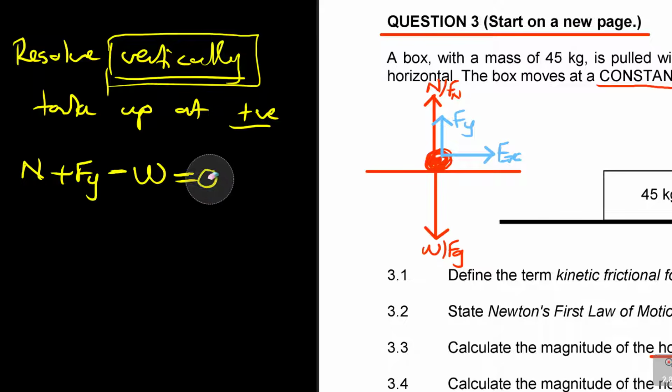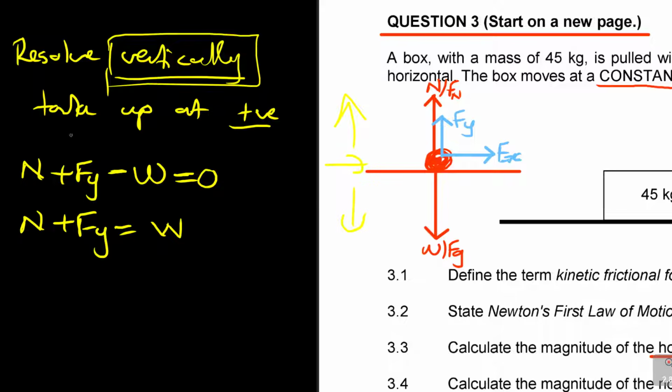But since it is like that, you can even write this simpler and say the normal force plus the Fy is equal to the weight of the object, because it is not going up, it is not going down, it is moving horizontal. So on the vertical forces, we have a right to state this formula, this is the one formula.